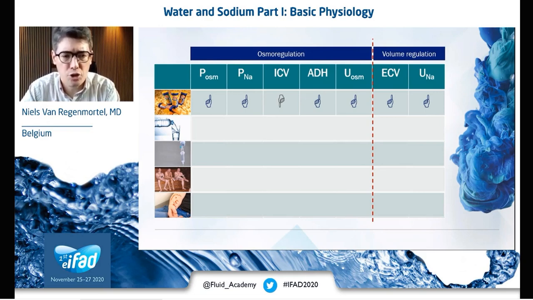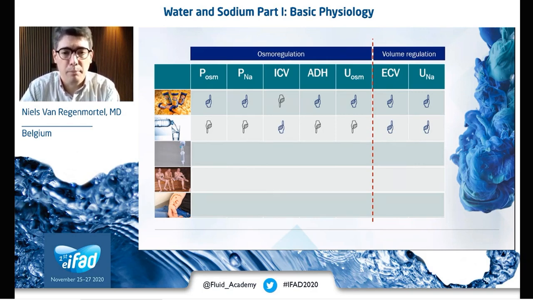Second situation, just drink some free water, or an infusion with, for example, glucose or dextrose 5%. This will cause plasma osmolality to decrease, and this will cause plasma sodium to decrease. This will cause intracellular volume to increase, and now that plasma osmolality has gone down, ADH will return to a minimum.